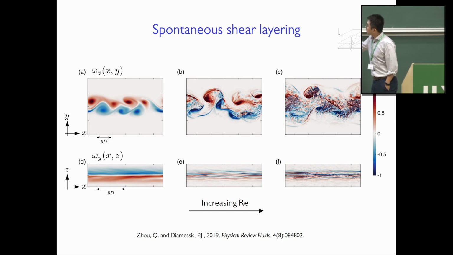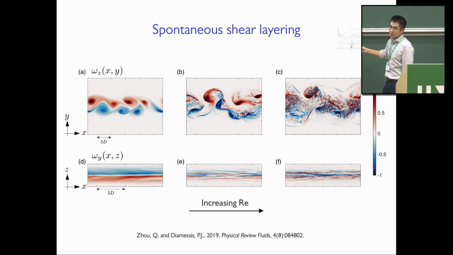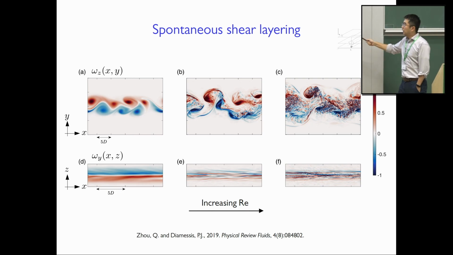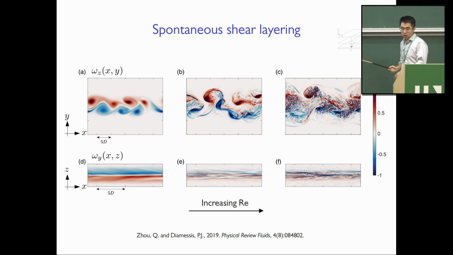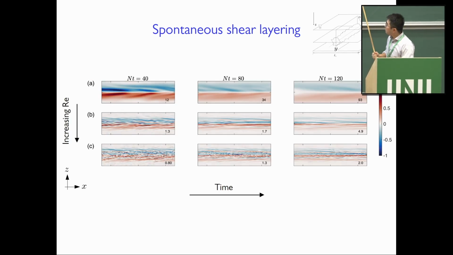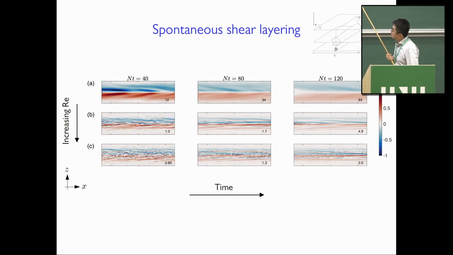For the higher Reynolds numbers, you still see some disturbances in that layer. So first of all, we show that layering has happened in terms of shear, and at higher Reynolds number, you actually see more secondary events right here. Even more pictures kind of showing you the same story.